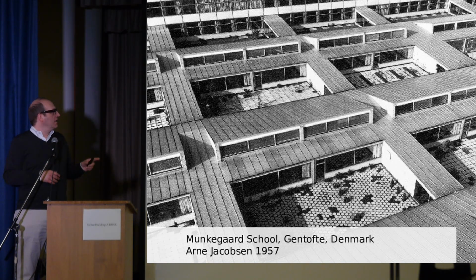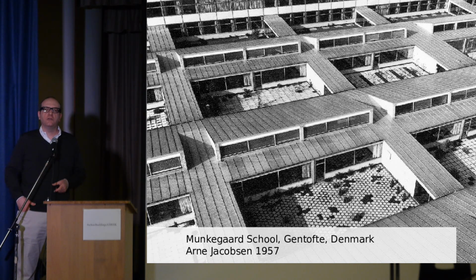This is a famous school by Arne Jacobsen in Denmark. Once again, you've got the idea of integration between the inside and outside. Each classroom overlooked a courtyard, and each courtyard had its own special tile pattern and its own special piece of art.